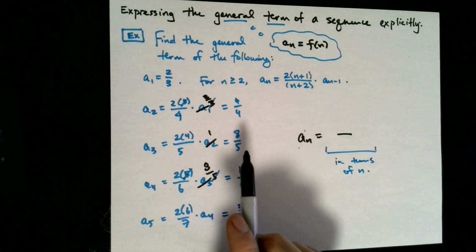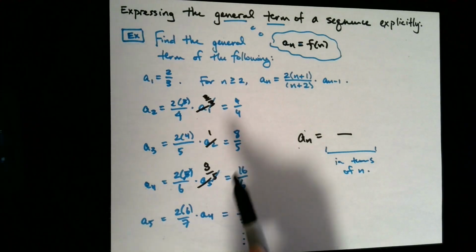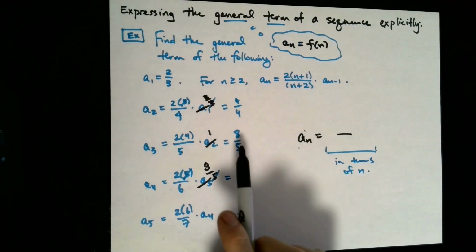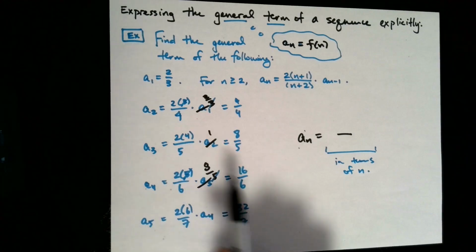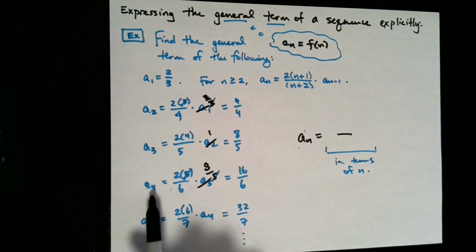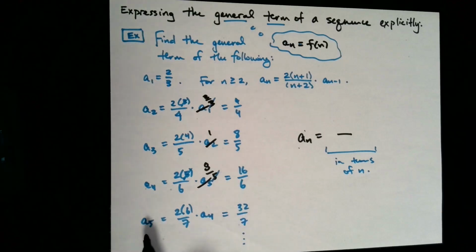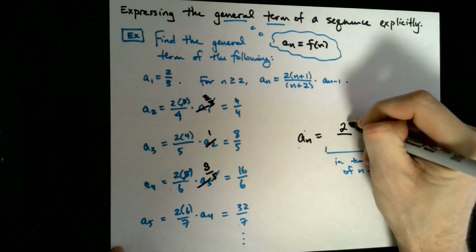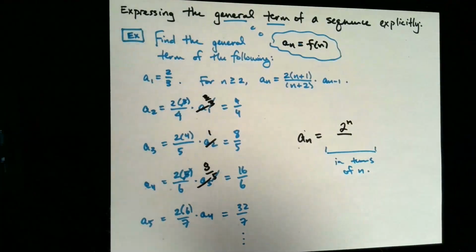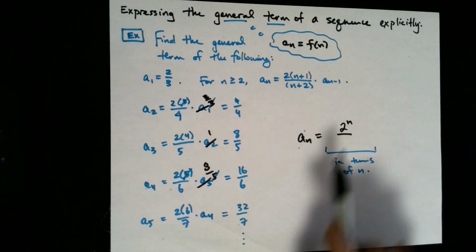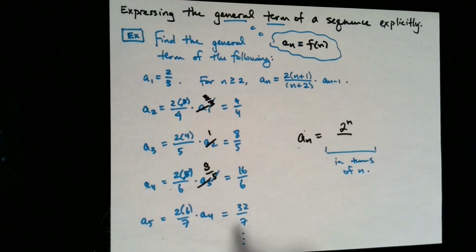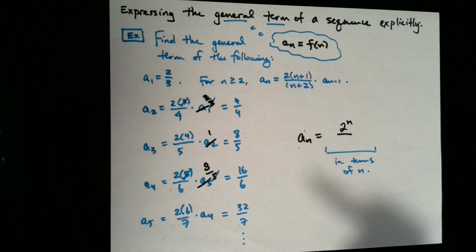Well, maybe it's not what n is times 2, maybe it's 2 to that power. That's probably a better way to say it, because 8 is not 2 times 3, 8 is 2 to the third, and 16 is 2 to the fourth, and 32 is 2 to the fifth. So the numerator is always 2 to the nth power, corresponding to whatever term you're in. If you were in the sixth term, the numerator would be 2 to the sixth, or 64. If you're in the 10th term, the numerator would be 2 to the 10th.